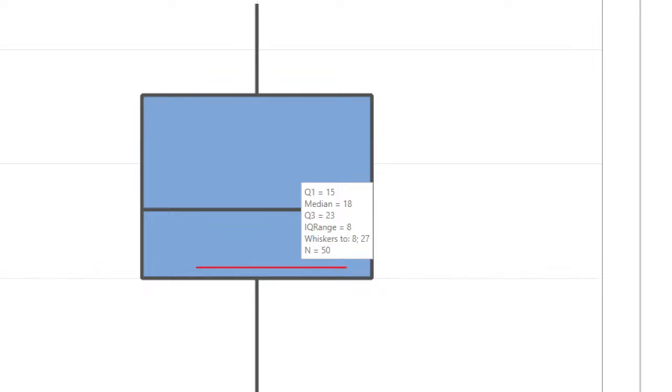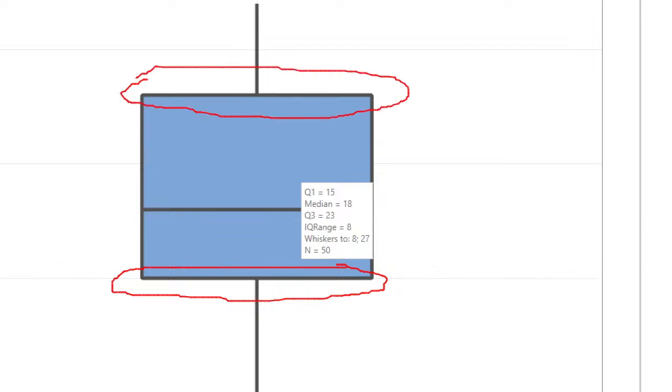Let's understand what is Q1 and let's understand what is Q3, because if we understand Q1 15, Q3 23, we have the interquartile range that is nothing but the height of this box. Okay? 8. 23 minus 15.